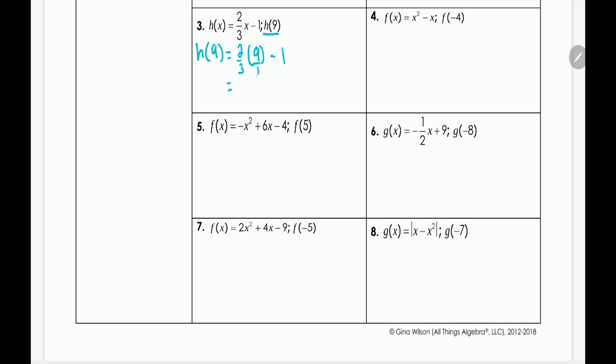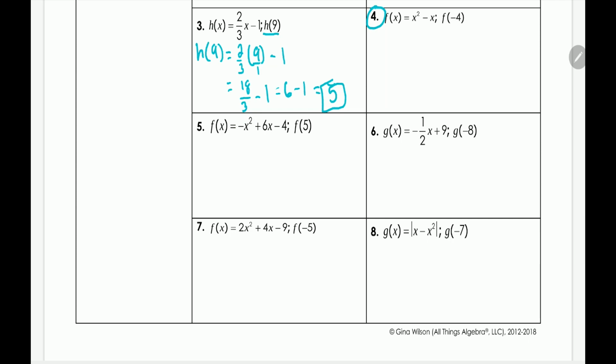We change the 9 to a fraction and multiply straight across, so 2 times 9 is 18, 3 times 1 is 3, minus 1. We can change 18 divided by 3 into a 6, minus 1. And 6 minus 1 is 5. That's the answer for number 3. Number 4 is yours to try on your own.